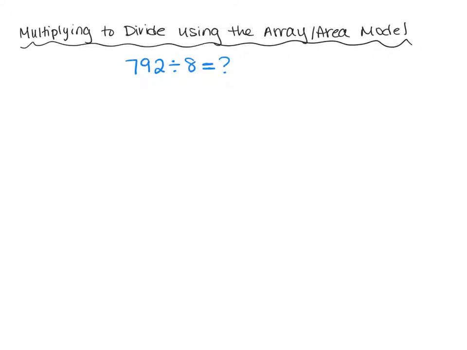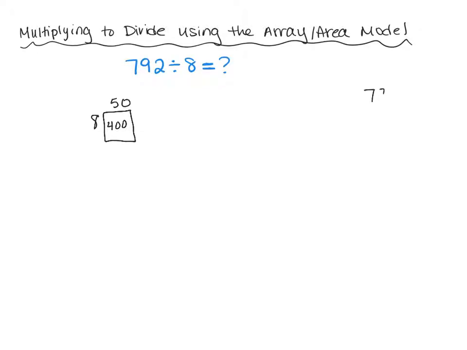For me, I'm going to start with my divisor of 8, and I'm going to find a little bit larger than just 10 groups of 8, and I'm going to go with 50 groups of 8. So I know that 8 times 5 gives me 40. Multiply it by another 10 is going to give me 400.